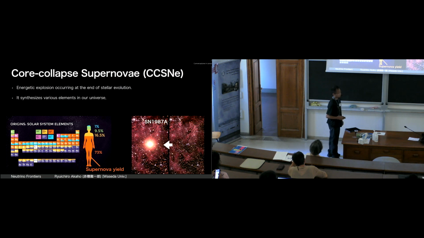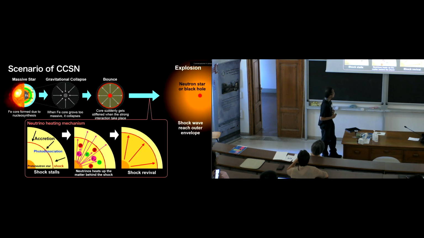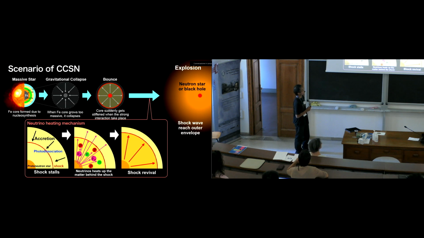Maybe there are many talks about supernovae so far, so I can skip here. But the supernova is one of the largest explosions in the universe, and most of the elements which constitute us are actually synthesized in supernovae. Many of you may also know that neutrinos play a crucial role in core-collapse supernova explosions.